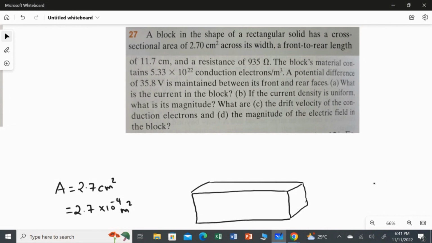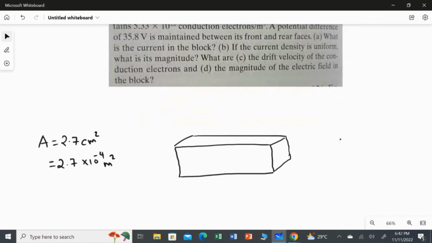The front to rear length is 11.7 centimeter. What is this front length? Actually, here I can't show the back side of this solid. So this is our front view, and here we have the back side, which is called the rear view.